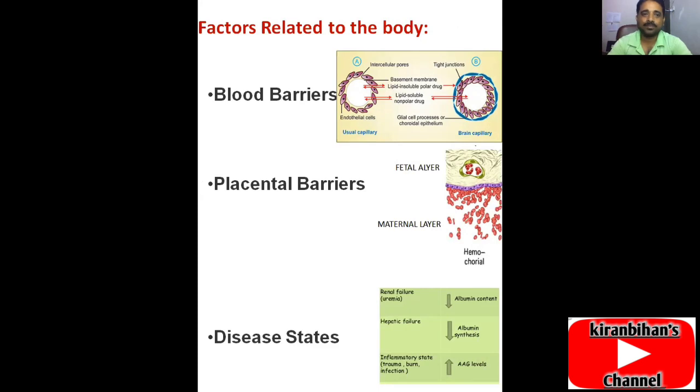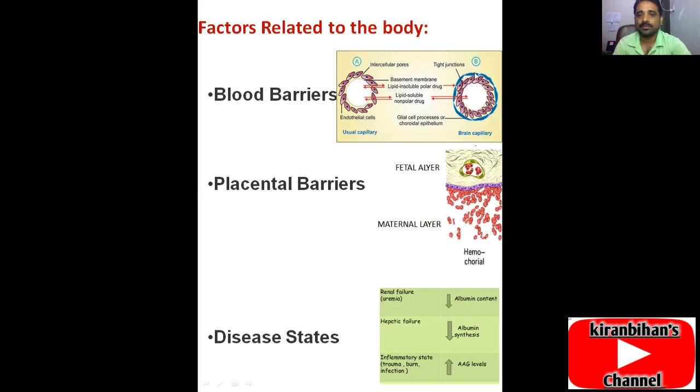Blood barriers also have a crucial role. Like you can see in this figure, these are the tight junctions. This is the brain capillary, and the brain capillary is surrounded by the glial cells or the choroidal epithelium.